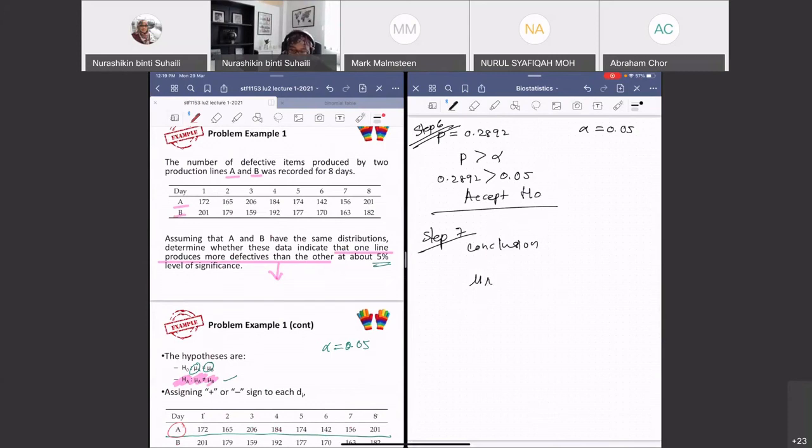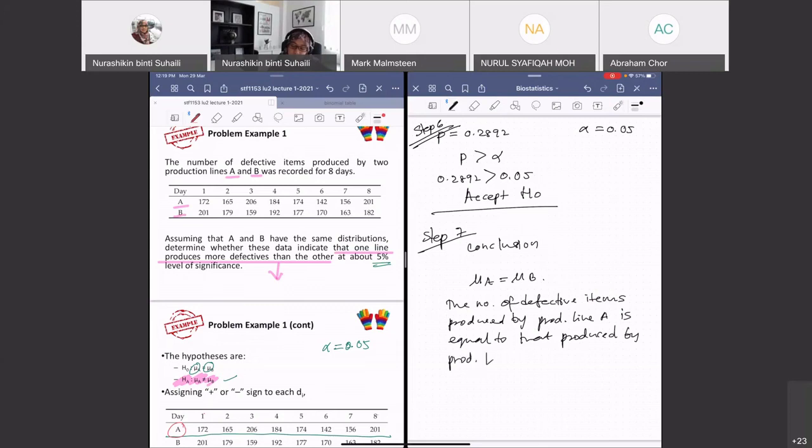The mu A is equal to mu B. So that means the number of defective items produced by production line A is equal to that produced by production line B. Or in other way, you can also say that there is no difference, also means the same.